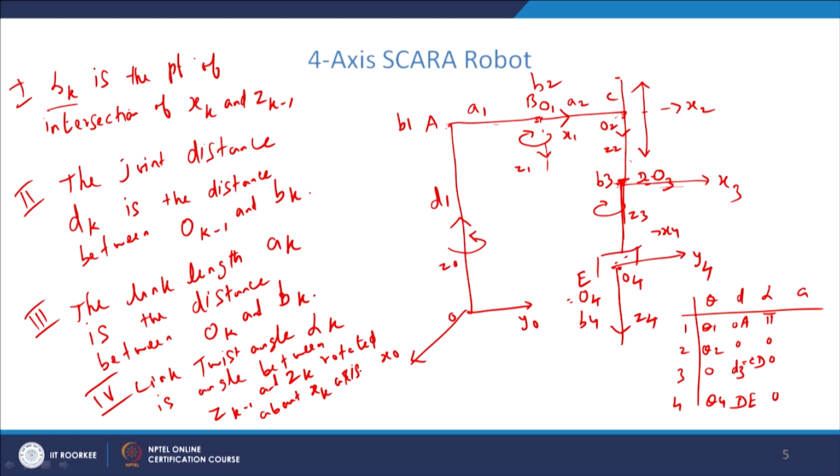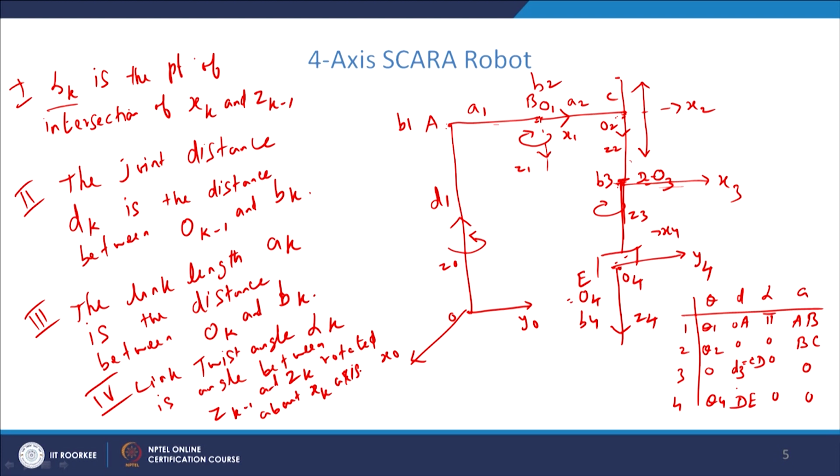Similarly, A1 is AB, that distance is called A1, and BC is called A2, and A3, A4, these two are 0 according to this particular rule. So, we get the 4 parameters at the 4 joints.